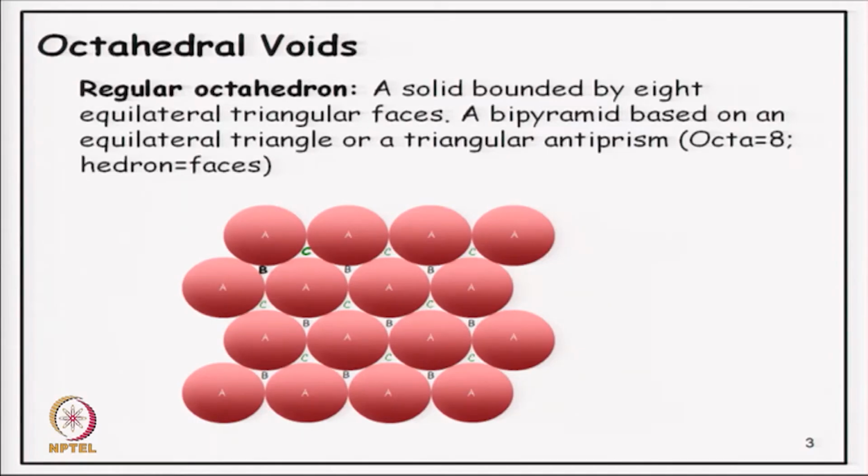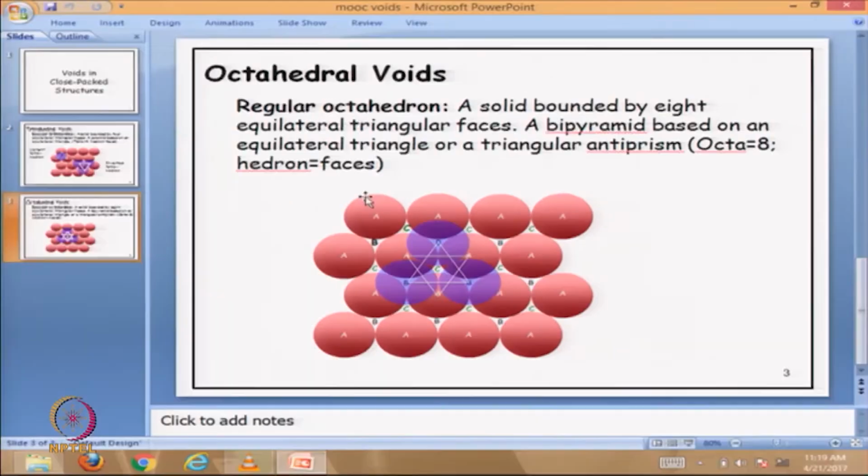So, between any 2 layers, if we see the location of these unoccupied sites, the C site, we get an octahedral void. Again, octahedral void comes from the name regular octahedron, which is a solid bounded by 8 equilateral triangles. Octa is 8. So, 8 equilateral triangles define a regular octahedron. This solid can also be considered as a bipyramid. Let me fix this.